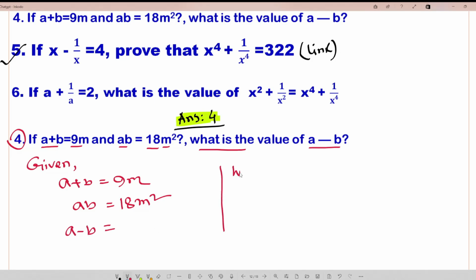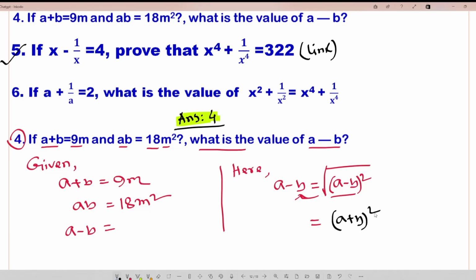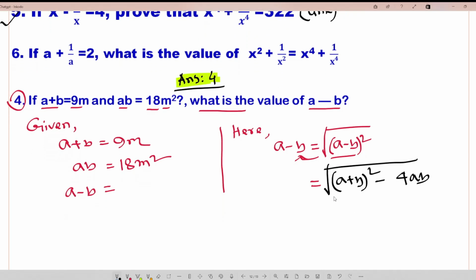Look, a minus b has no rule, but we can write a minus b whole square, and once we use the square root, it will become the same value. Now this a minus b we can write as a plus b whole square minus 4ab, right, under the square root.